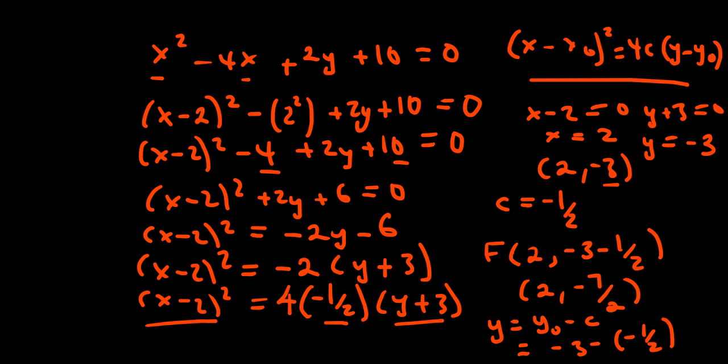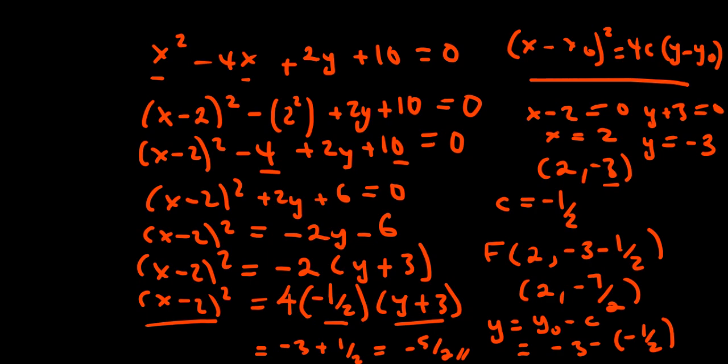So this becomes positive half. So let me write down here this side. That just becomes negative 3 plus half, and resolving that, I get negative 5 over 2. That is my directrix.